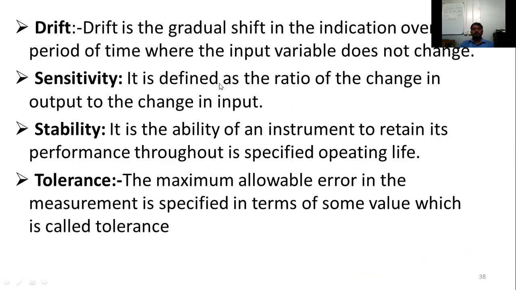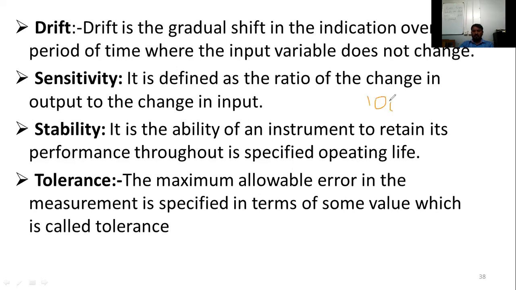Okay. Next point is sensitivity. It is defined as the ratio of change of output to the change in input. Suppose in a measuring instrument I have given initially 100 volt.